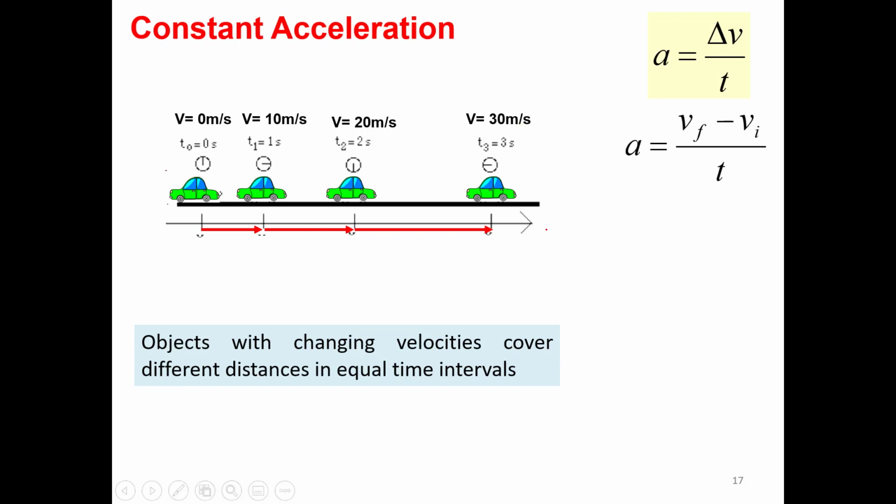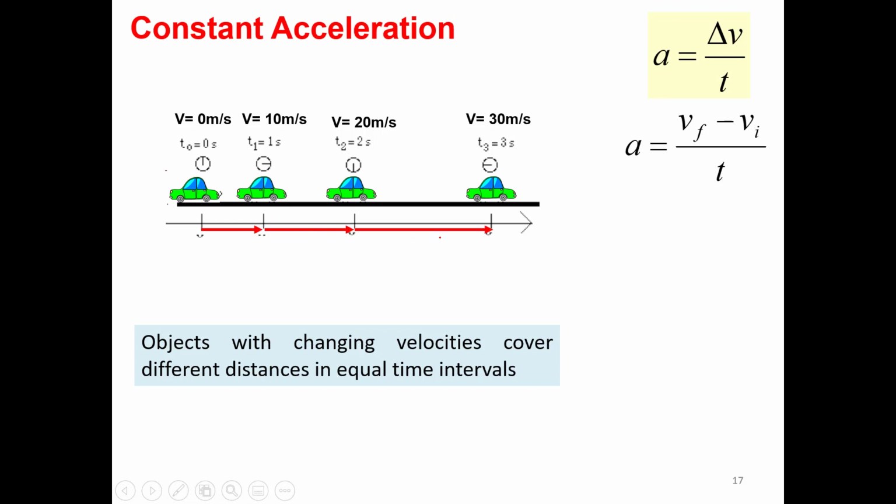One thing we can see here is that the velocity is increasing. Because the velocity is increasing, what happens with the distance the car moves in each second? The distance is not the same.